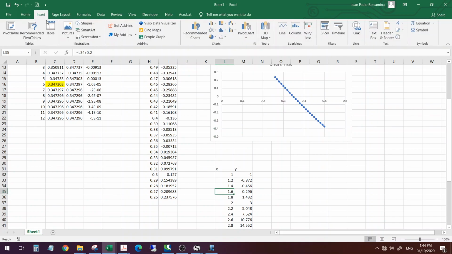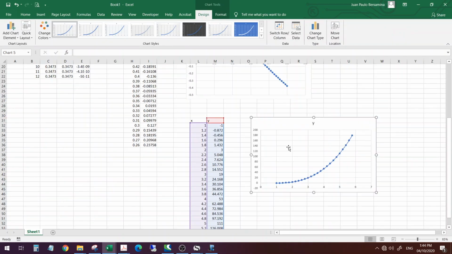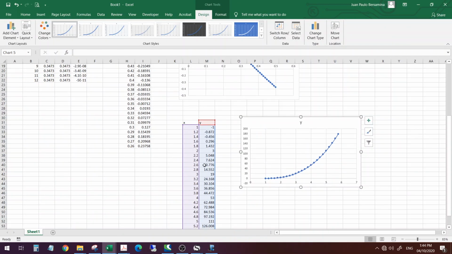So insert, which is this one. Okay, let's change this.